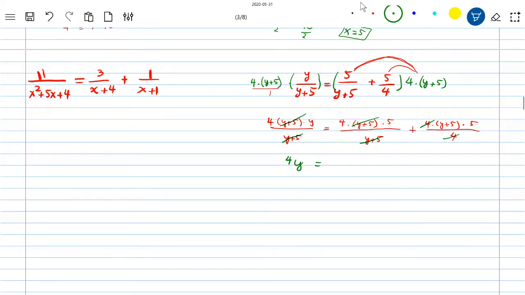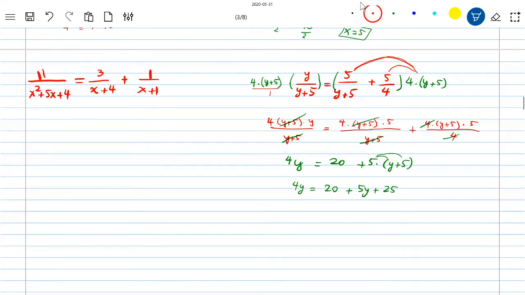Second term, I have 4 times 5, which is simply 20, plus final term is 5 times y plus 5. Okay, here again you can distribute 5 times y, 5 times 5. At this point it's a linear equation. 20 plus 5y plus 5 times 5, 25. What do you do?